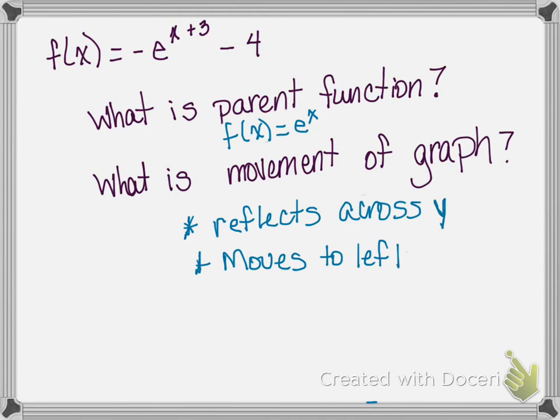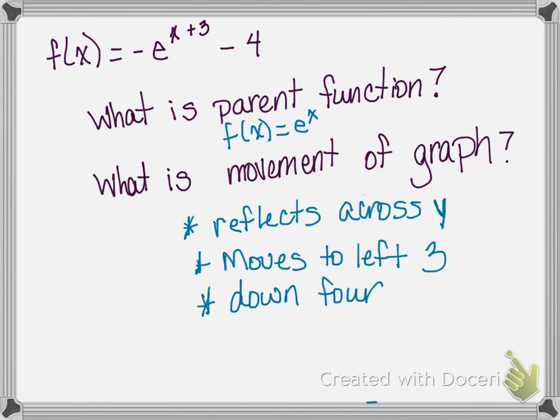So it moves to the left 3 because of that x plus 3. Remember, when it's with the x value, it's opposite. That's why it's moving to the left, because of the x plus 3. Then what happens? Good. Down 4. Okay?